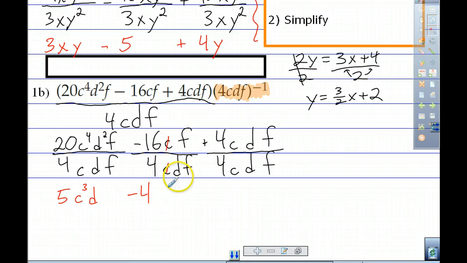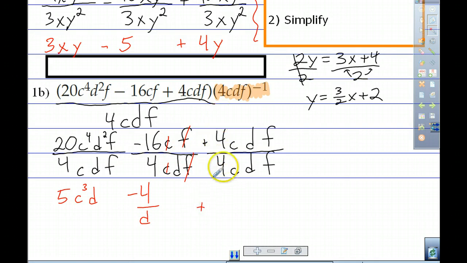Nothing over D, so we have a D, but where does the D belong? On the bottom, so we're going to have to make a little fraction, make sure that D stays on the bottom. And then F over F is 1. This would be one of those common mistakes right here. Oh, there's nothing to cancel with D, okay, it's 4D. Nope. It's on the bottom, stays there.